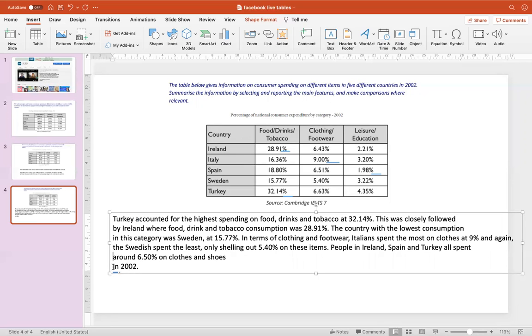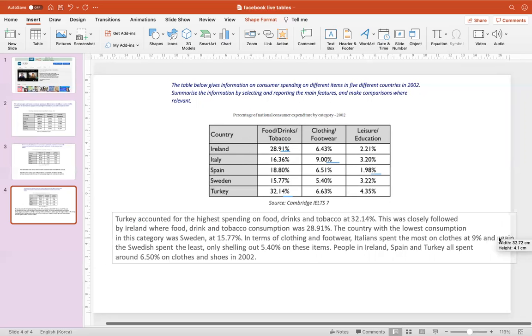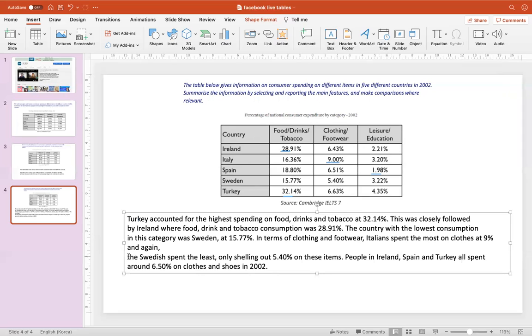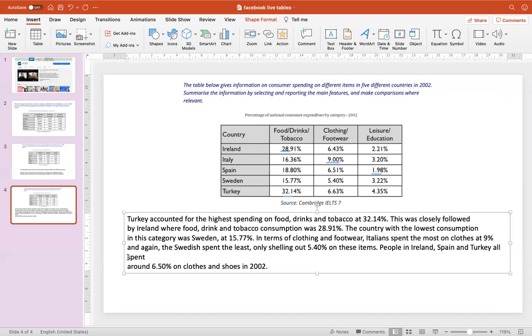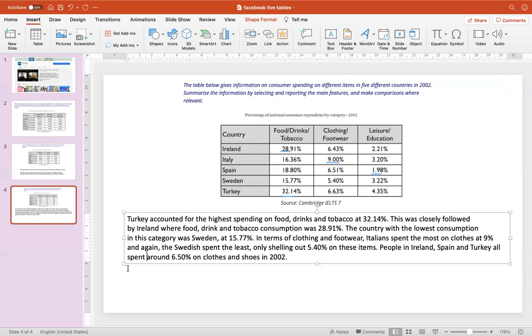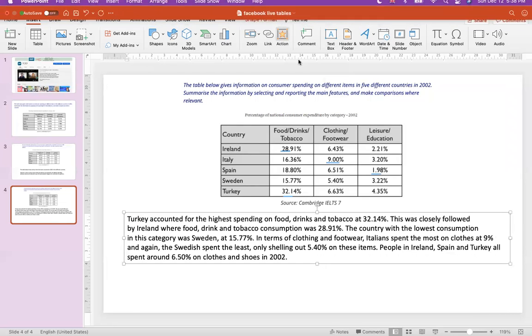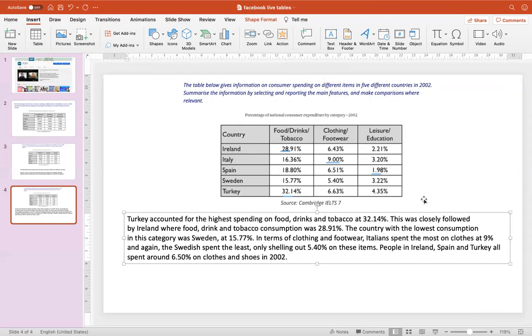I'm going through each category one by one, so I want to show how I'm doing that. But you can make it into one paragraph like this. That's absolutely fine. There are different theories about how many paragraphs you should have. I think having one body paragraph is fine. Some people like to split it into two. I think that depends on which question you're answering and what would make most sense at that time.